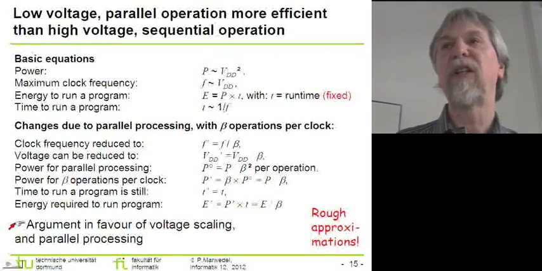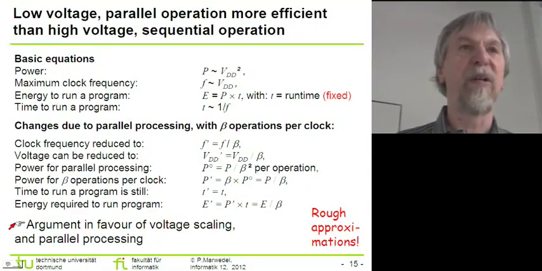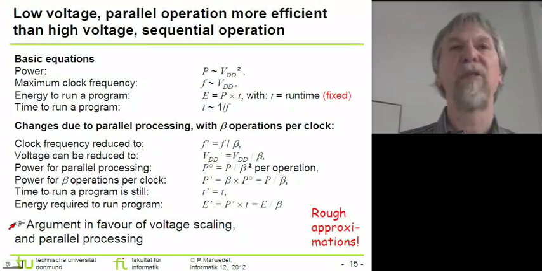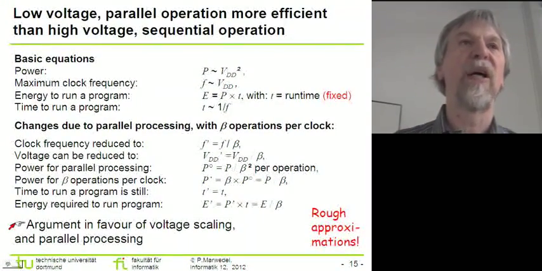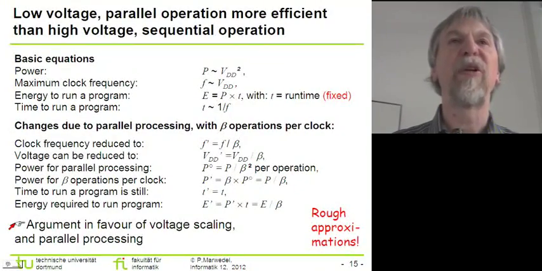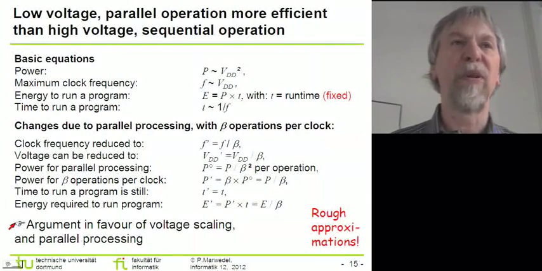So it is the key reason, for example, for this trend to using multi-cores in PCs, because we could build processors that could execute only one operation per execution time at a time. But such a processor would be extremely power hungry and it would be close to impossible to cool it.